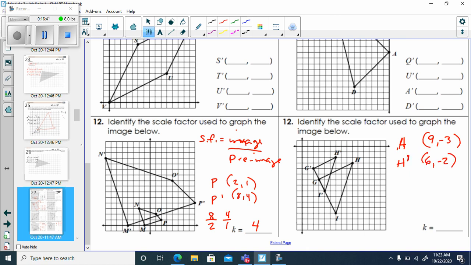Image over pre-image. Your image would be 6. Your pre-image would be 9. Can I reduce this? Let's reduce it by 3 over 3. And that would get me 2/3. The scale factor here is 2/3. The image is 2/3 the size of the pre-image. That's what your scale factor tells us.